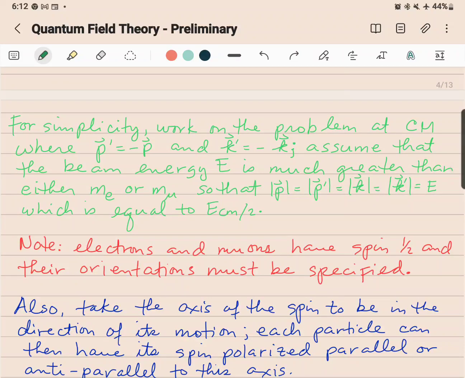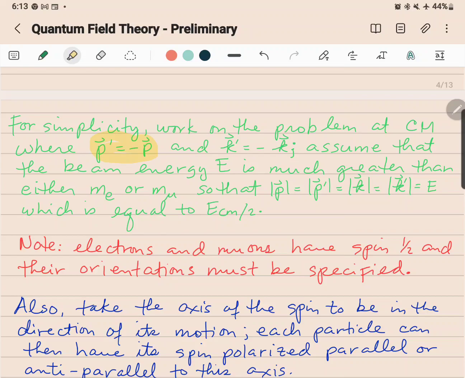So for simplicity, we work on the problem at the center of mass frame, where the p prime three-momentum vector is equal to the negative of the p momentum. By the way, I'm sorry earlier that I wasn't able to put the vector sign above the p prime. This is supposed to be the correct one here.